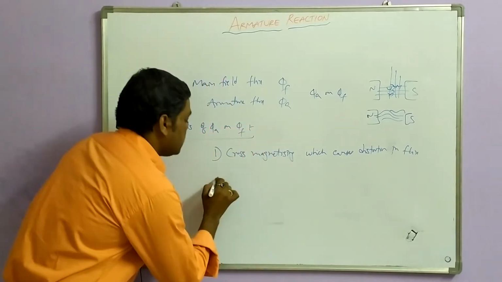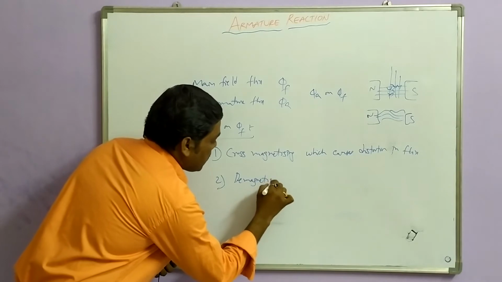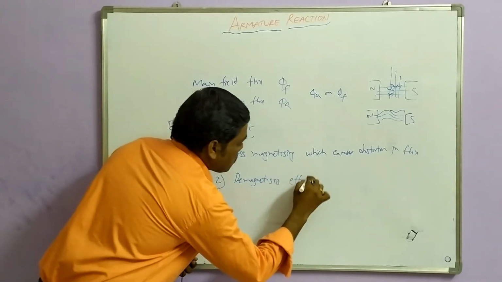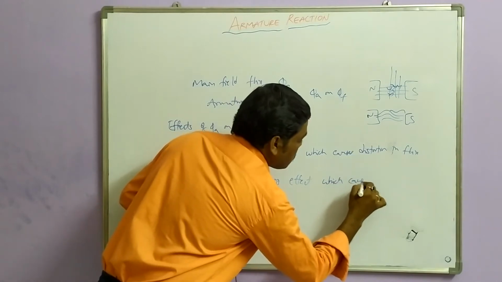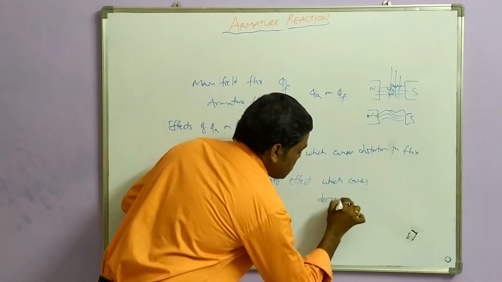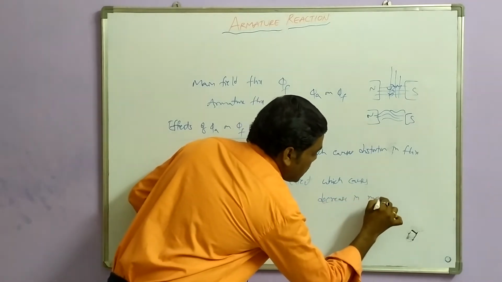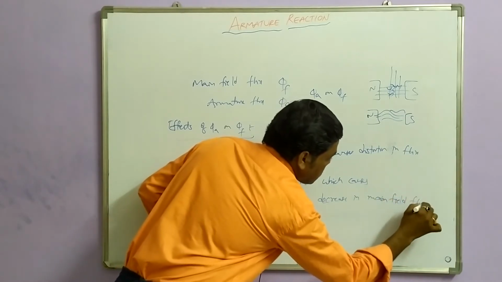Now the second one is demagnetizing effect, which causes a decrease in main field flux.